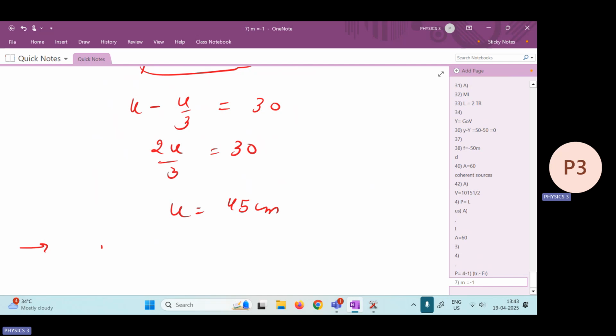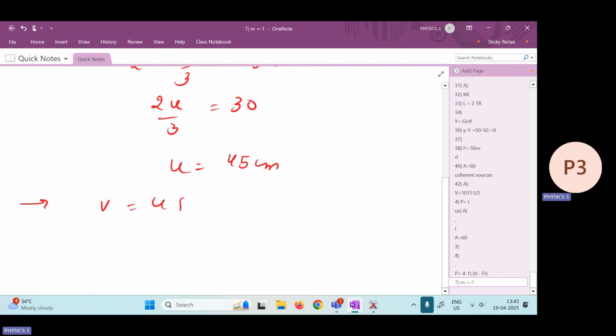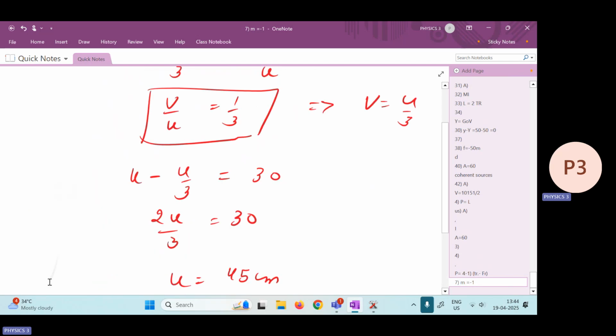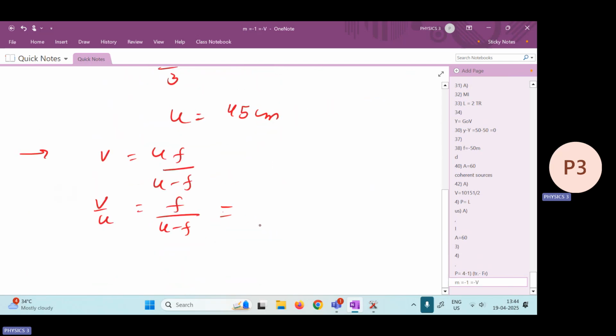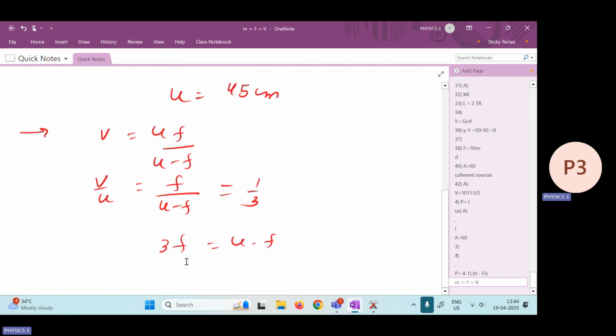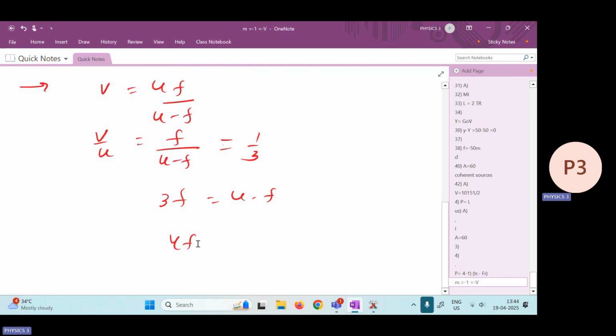Now we know that v is equal to uf upon u minus f. Okay, so v by u comes out to be f upon u minus f, right? So that we have given is 1 by 3. So 3f comes out to be equal to u minus f. So 4f comes out to be u.